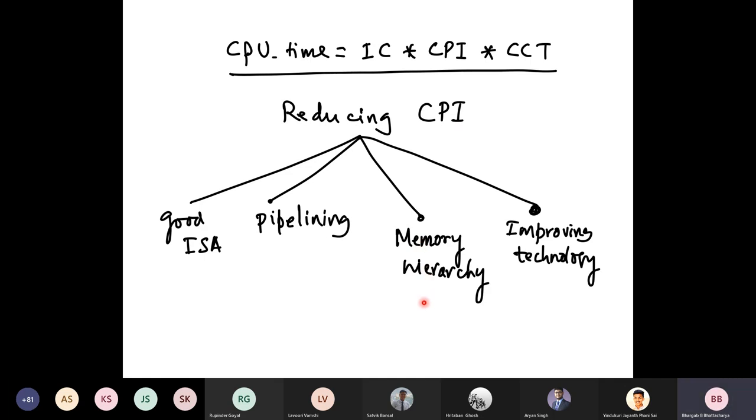For example, in load instructions, you are waiting for the data to be retrieved from memory. And since memory transaction is slow, the CPI would rise. But use of memory hierarchy using faster memory levels like cache and so on, the whole objective is to reduce the memory transaction time, which in turn would reduce the CPI value. All right. And also you can improve technologies and so on, so it will have an overall impact.